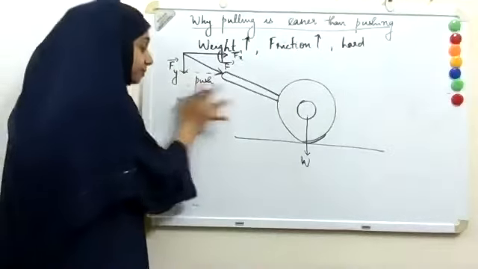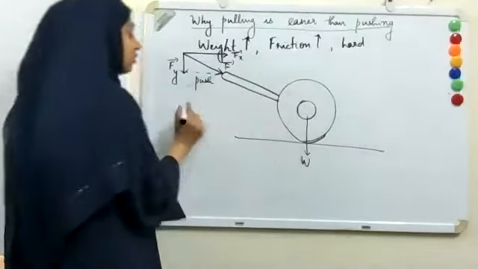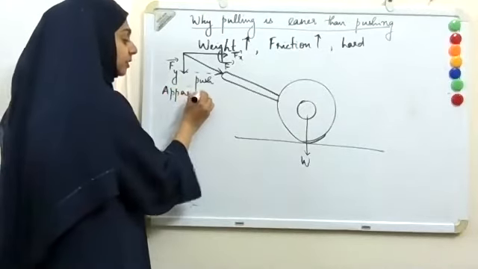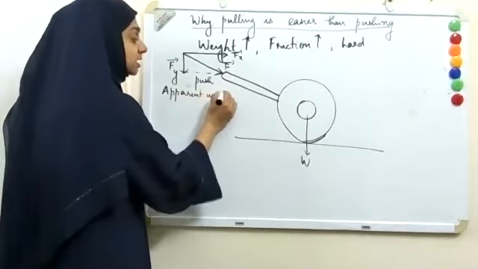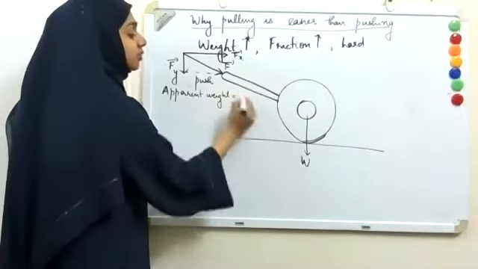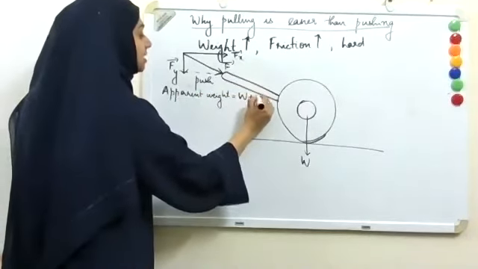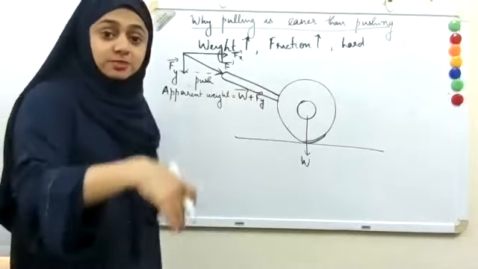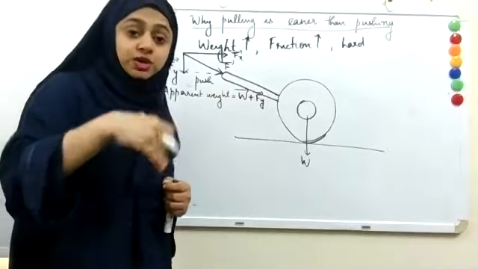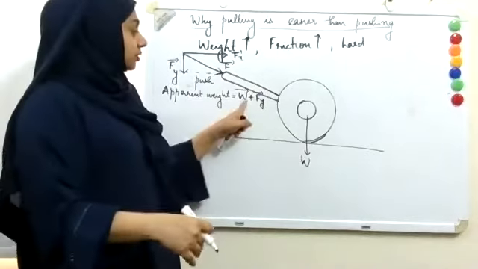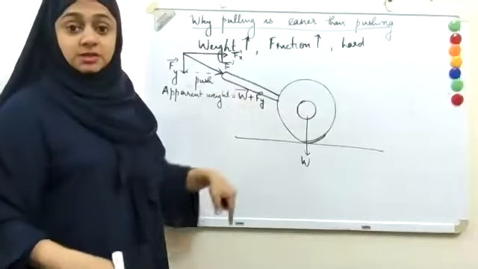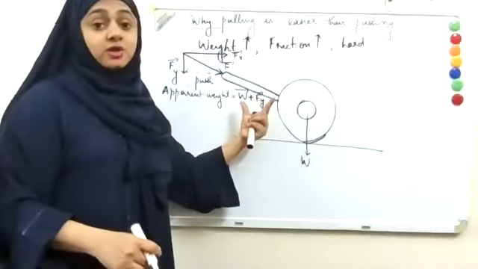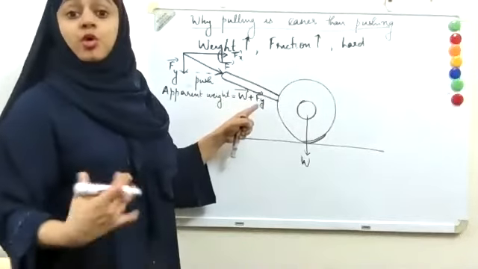So when we push it and try to move it, what happens? The apparent weight, meaning the felt weight, is equal to W plus Fy, because both Fy and W are in the same direction. So when you are adding two vectors which are in the same direction, you have to add them. So the apparent weight is W plus Fy, which means the weight is more.